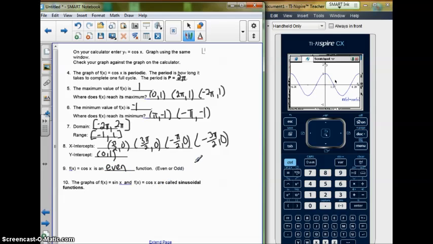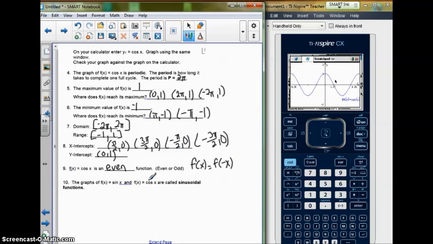We can also say it's an even function if f of x equals f of negative x. In other words, pi over 2 is 0, negative pi over 2 is 0, so that's where f of x equals f of negative x.